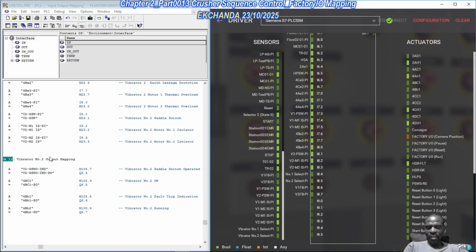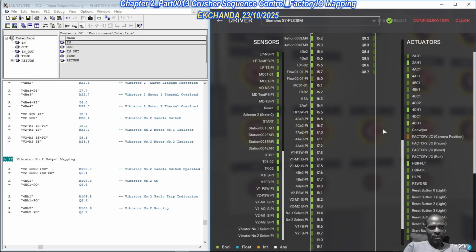And then for the output mapping, we're going to have vibrator 2 powder switch operated indicator mapped to Q6.4.